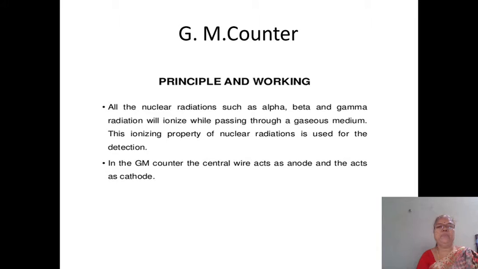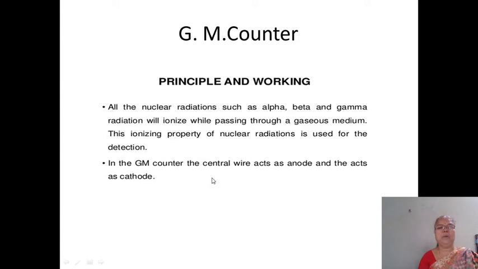The principle of the Geiger counter is that alpha, beta and gamma radiations ionize the gas. All the nuclear radiations, such as alpha, beta and gamma radiation, will ionize while passing through a gaseous medium, and this ionization property is utilized in the GM counter.